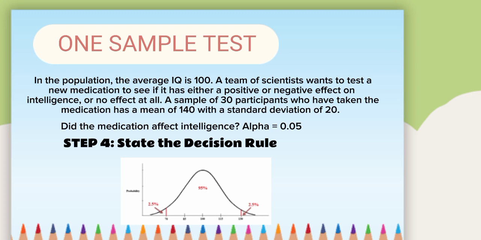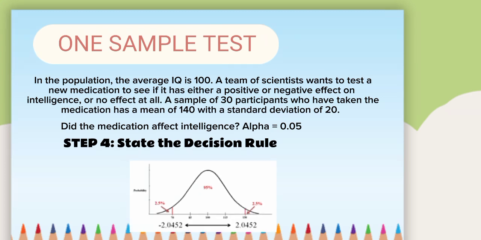That's what I found using the alpha level and the degrees of freedom for the t-test. So we would expect most values we calculate to fall between negative 2.0452 and positive 2.0452. If it falls outside of the range, we're going to conclude that our sample is different from the expected population.